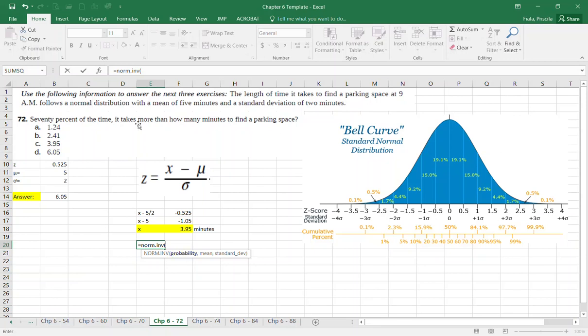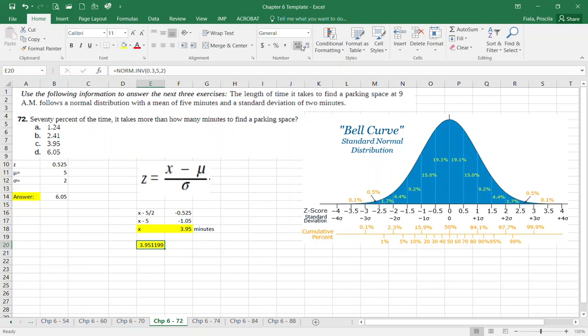You want to know it takes more than, so you would really be calculating the 30%. So you need to make sure that this probability is correct, exactly what you're trying to find. You're trying to find only the 30% when your mean is 5 and your standard deviation is 2, correct? So let me see if that works. Here we go. See how they are the same?